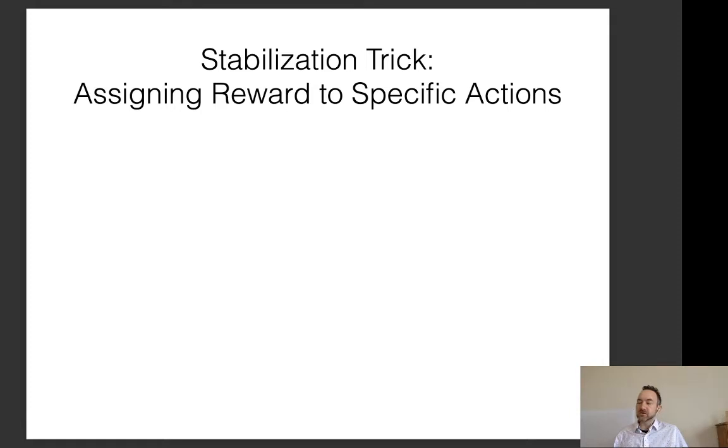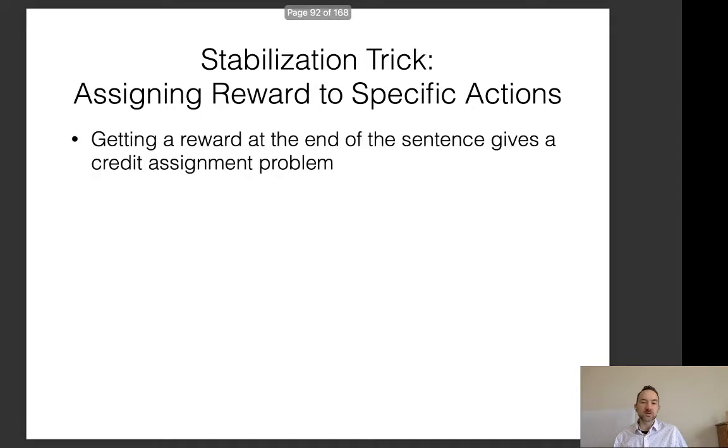One type of stabilization trick that is rather important, particularly for text, is to assign rewards for specific actions in the generation output. Getting a reward at the end of the sentence causes a credit assignment problem where you don't know which output caused you to be penalized. And as I mentioned before, this is a really big benefit of GANs for images, because you can backprop all the way through the discrimination process to automatically get feedback to the generator about what part was a problem.